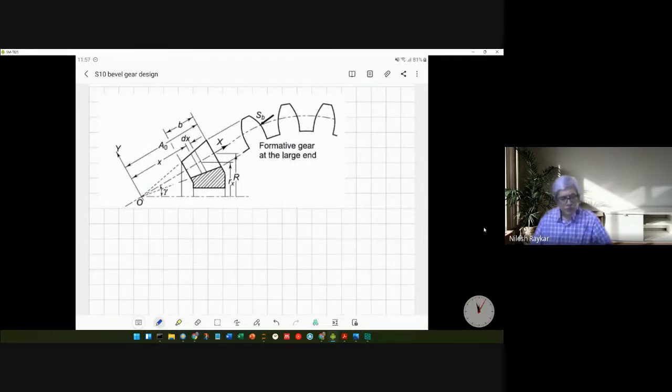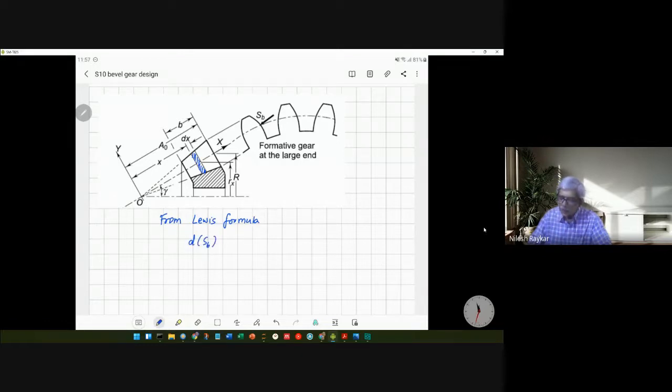Okay, so let me start with the derivation. When we are talking about this particular slice, we'll apply the Lewis formula. Lewis formula is the same as the spur gear bending formula.